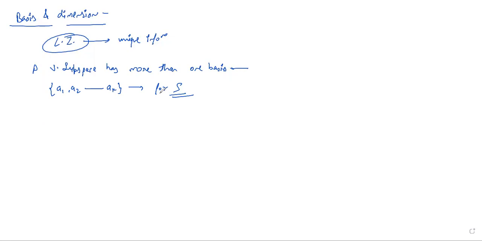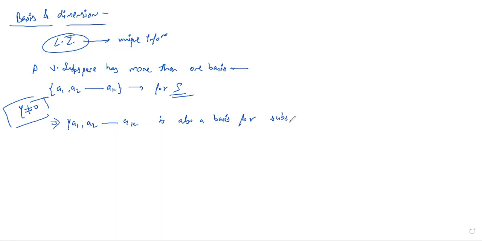If there exists any scalar gamma which is not equal to 0, then gamma a1, a2 to ak is also a basis for the subspace S. Let's see how.